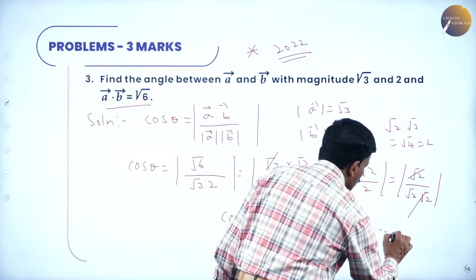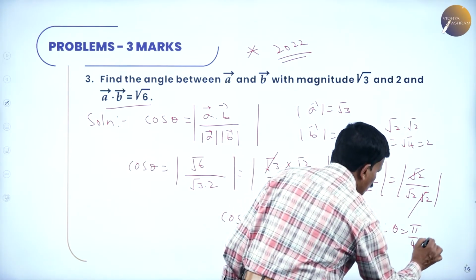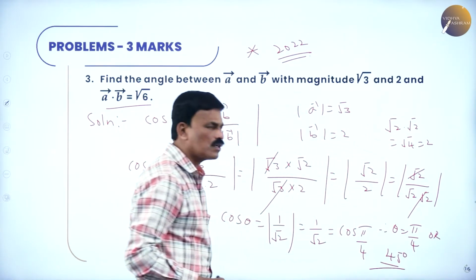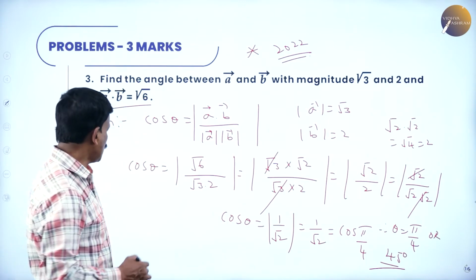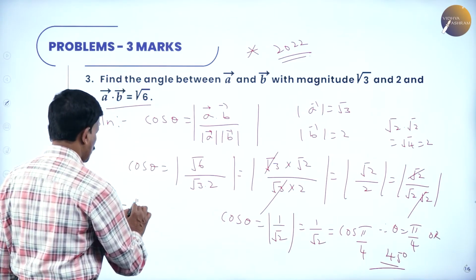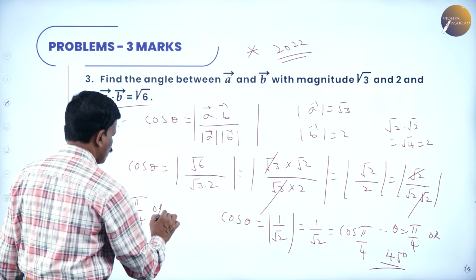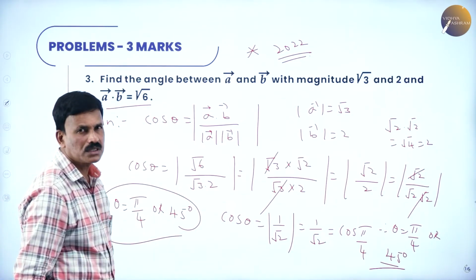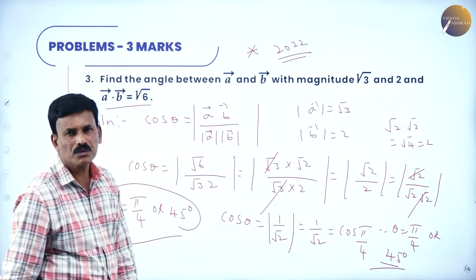Therefore theta is equal to pi by 4 or 45 degrees. Because cos 45 is 1 by root 2, pi by 4 or 45 degrees is the angle between the given two vectors. Very important and simple problem, right?